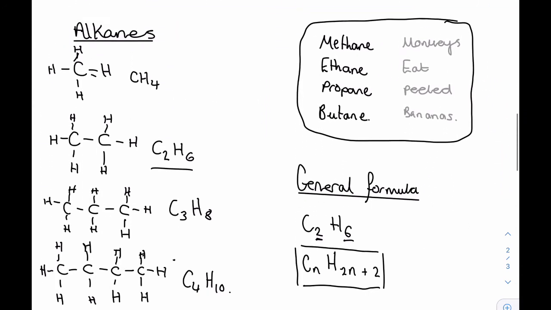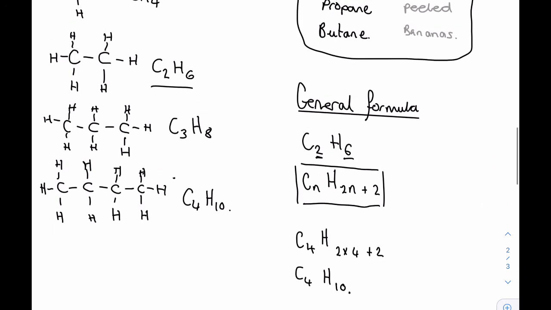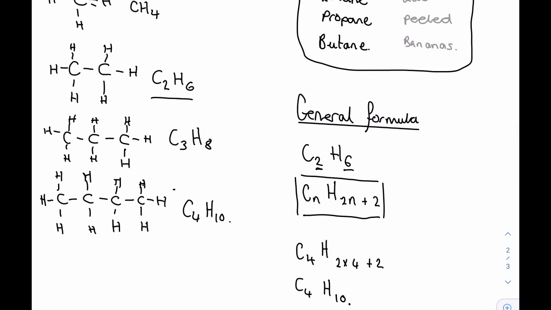You then need to know specifically about alkanes, and you need to know the first 4. So you need to know methane, ethane, propane and butane, and you need to have an understanding of what that general formula there shows us. But that is the basics of what crude oil is and looking at the first group of hydrocarbons that we need to know.